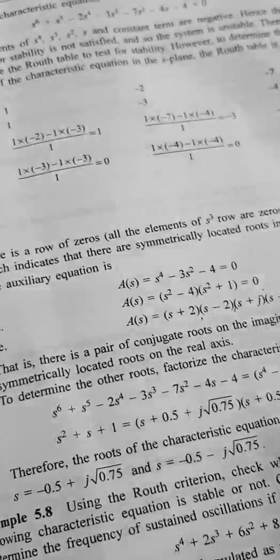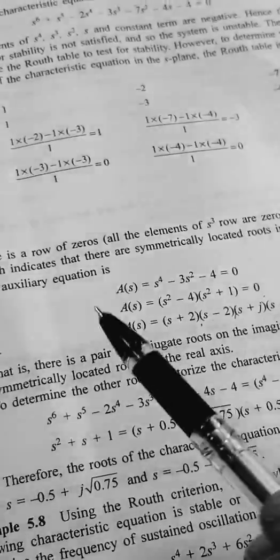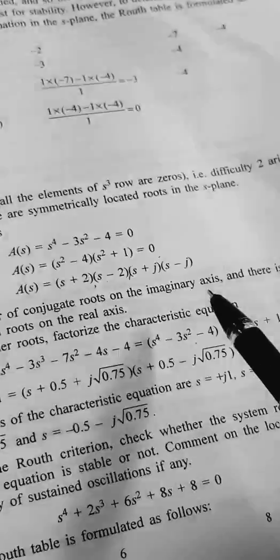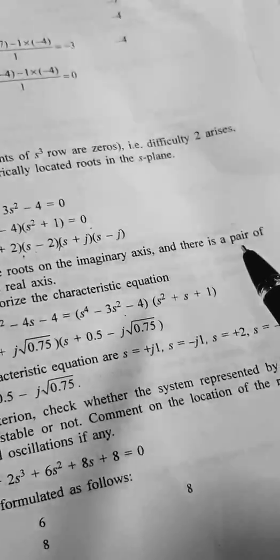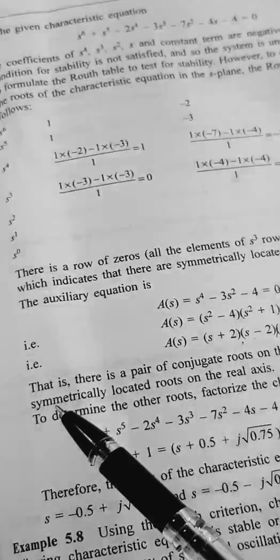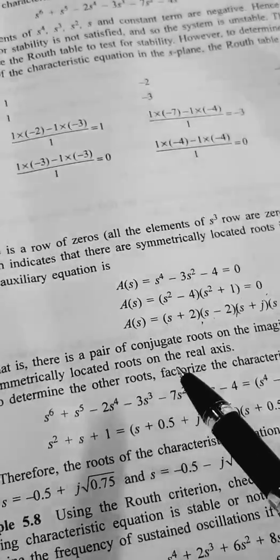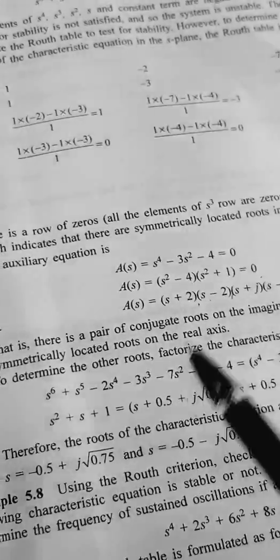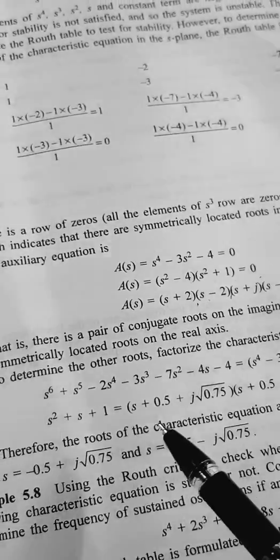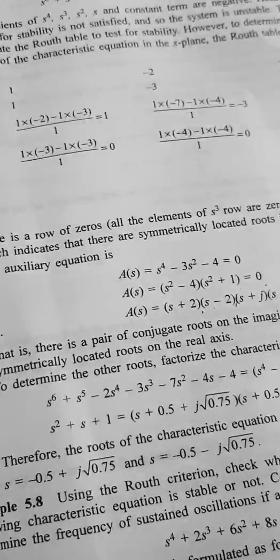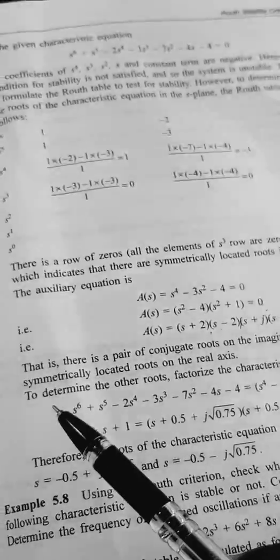So here there is a pair of conjugate roots on the imaginary axis, and there is a pair of roots symmetrically located on the real axis, that is at plus 2 and minus 2. So here only you can determine that it is unstable.